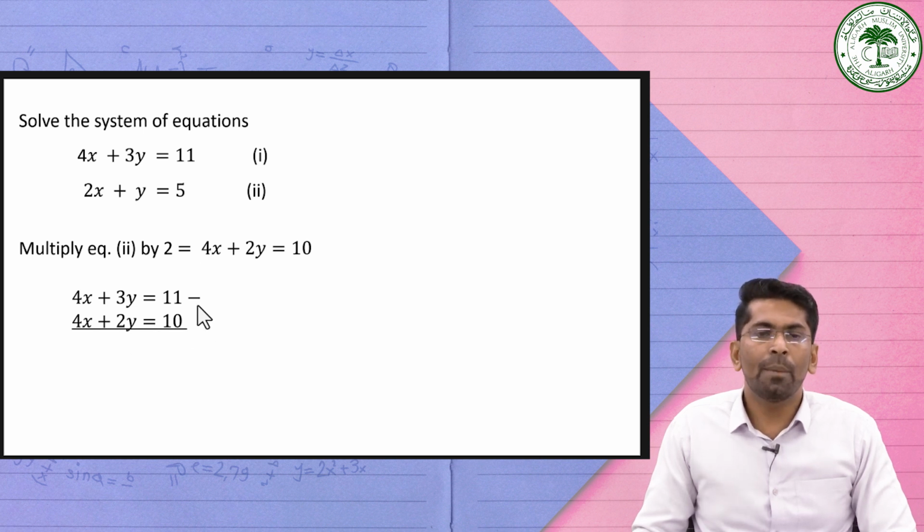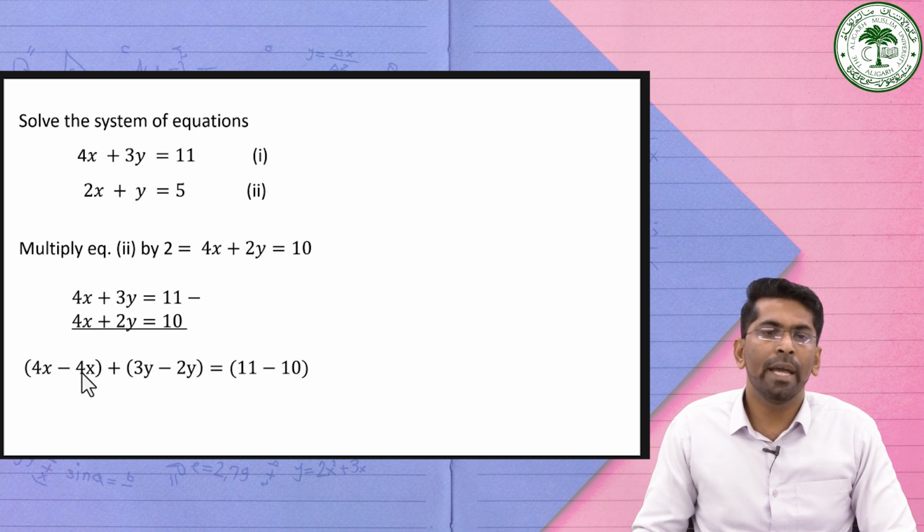Now I am going to subtract it so that the x variable can be eliminated. If we subtract, then 4x and 4x will be cancelled out. Then 3y minus 2y will be equal to y. So here 4x minus 4x plus 3y minus 2y is equal to 11 minus 10.